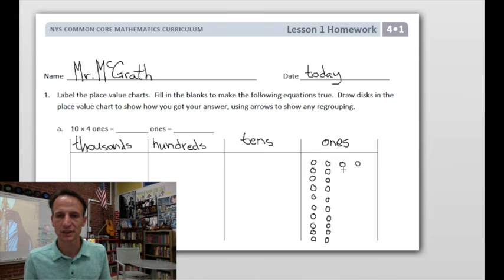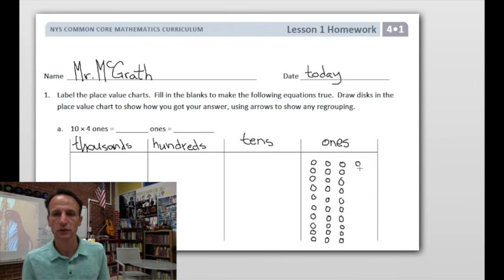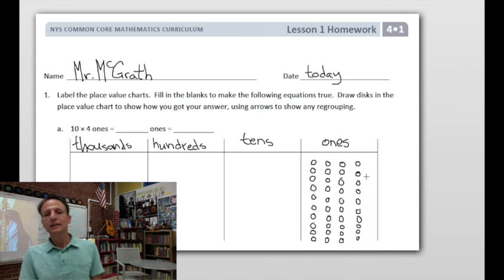And then the third one, there's 1 there already, so 2, 3, 4, 5, 6, 7, 8, 9, 10. And lastly, this fourth one, multiplying by 10, there's 1, 2, 3, 4, 5, 6, 7, 8, 9, 10.